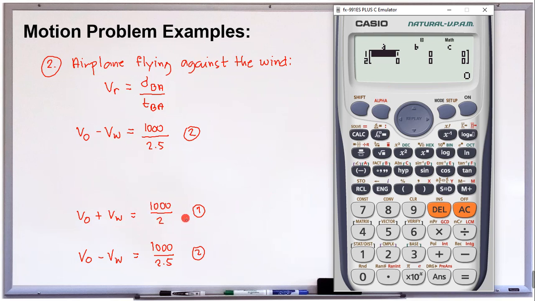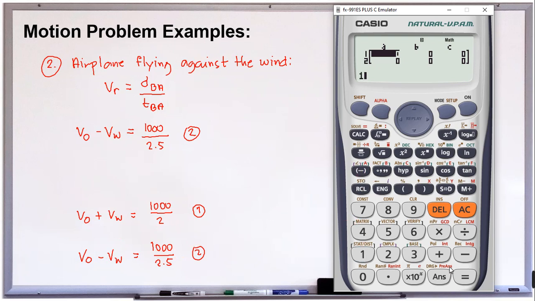And make sure that for every equation that you have listed, you have a uniform arrangement of your unknowns. That is, if you start with VO for your first equation, then you must do the same for the rest of the equations.